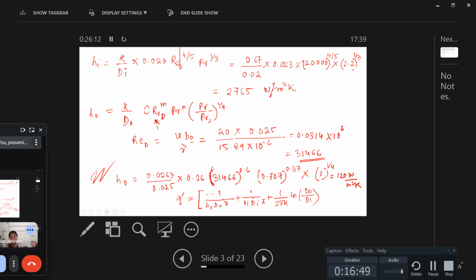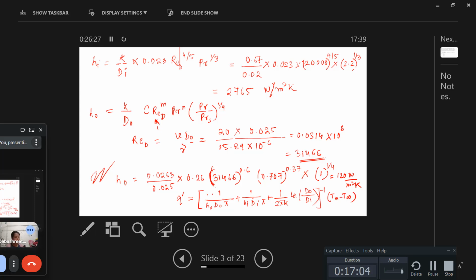This is for a pipe, Q for a pipe, just like we have seen in conduction. So this is into the temperature difference Tm minus T infinite.